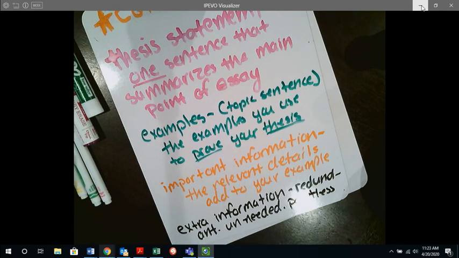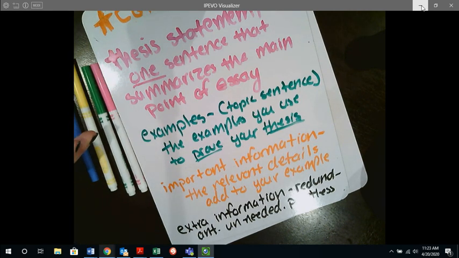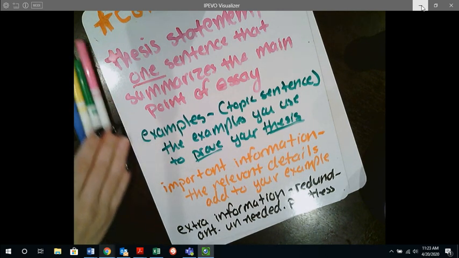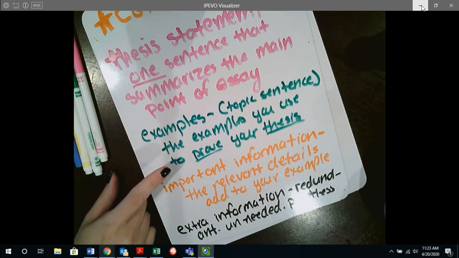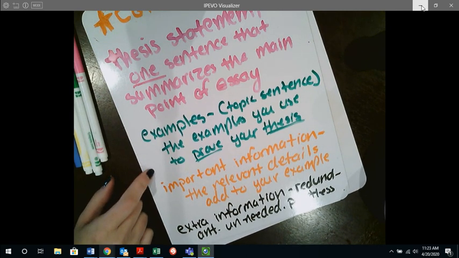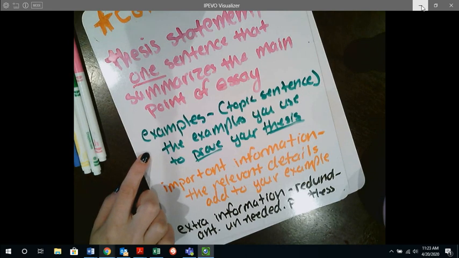And some of you have seen this in writing before. Some of you used to do this. For the most part, you guys don't do this anymore because you all work so hard on your writing. So these are the things that you'll be highlighting. In pink, your thesis statement. In green, the examples or the topic sentences, the things that they're using to prove their point. And then in yellow, you'll be highlighting all of the important information about this example.